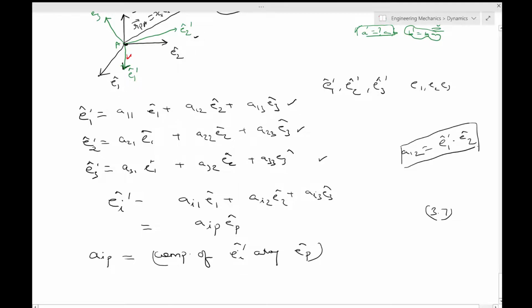Now what you do is take a dot product of e1 dash with e2, and you will get A12. So that's why it is said that Aip is the component of ei dash along ep, or ei dash dot ep.